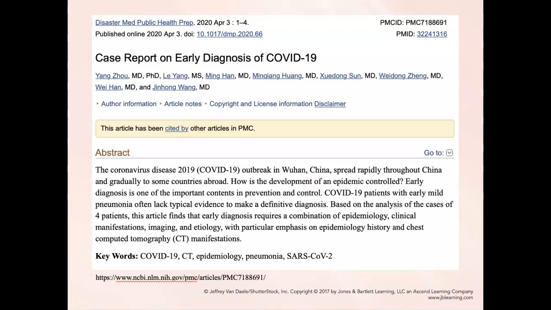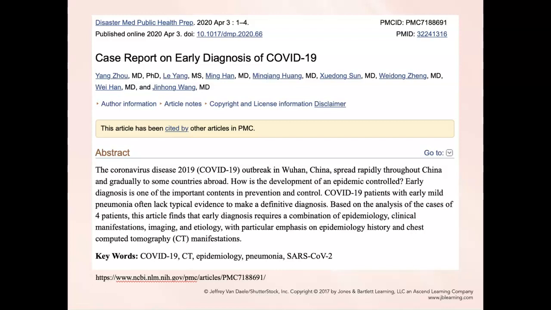In this specific example, the authors have described a collection of four patients, so less than a handful, in terms of their diagnosis of COVID-19.